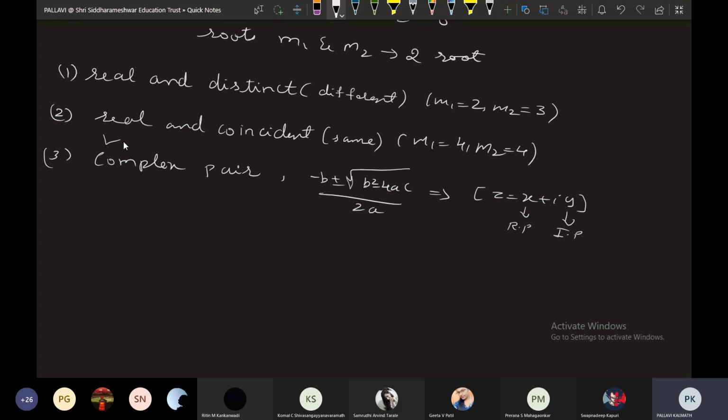These types of roots are known as a complex pair. So what are the three different types of roots? If I give you an example, 2 plus or minus 3i, this can be considered as one example. This is a complex number, known as a complex root. So what are the two roots present here? 2 plus 3i, and the second one is 2 minus 3i.